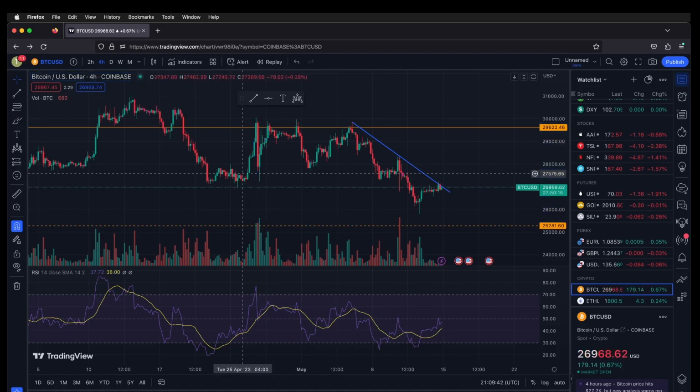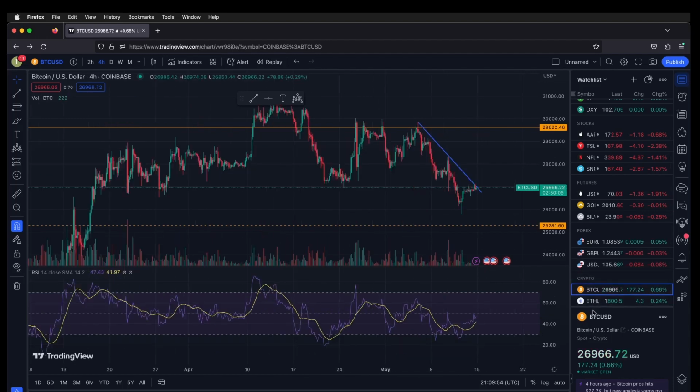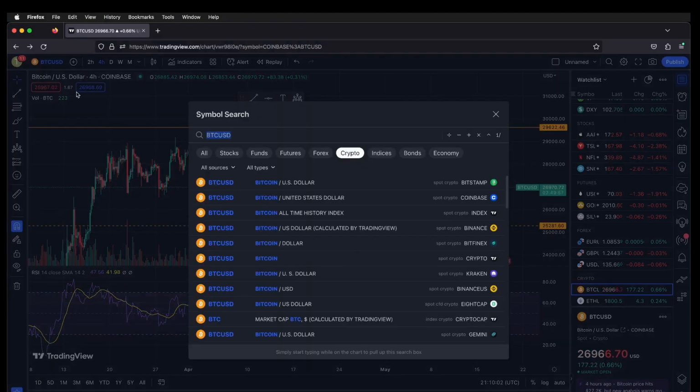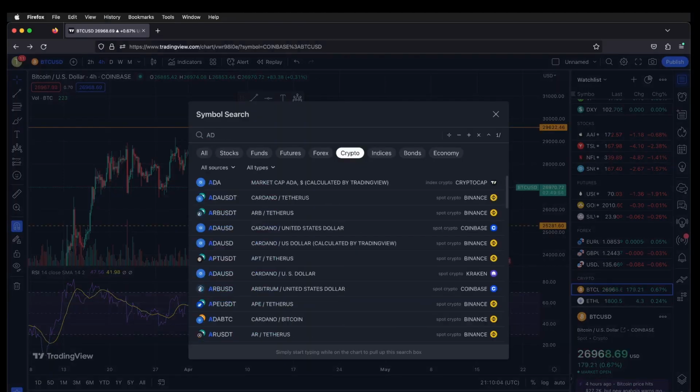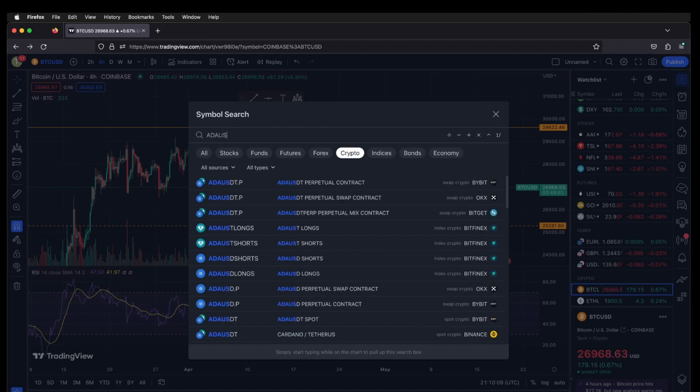All right. Now, that is the Bitcoin USD chart. Let's move over to the Cardano ADAUSD.